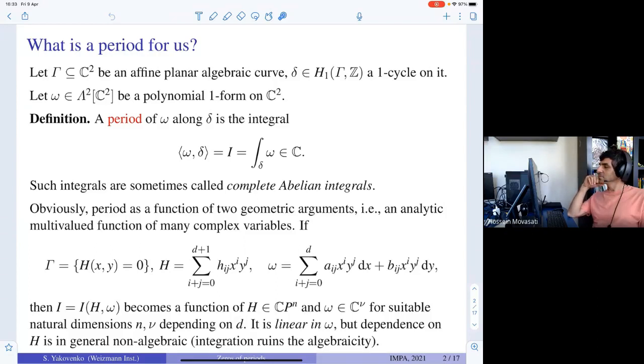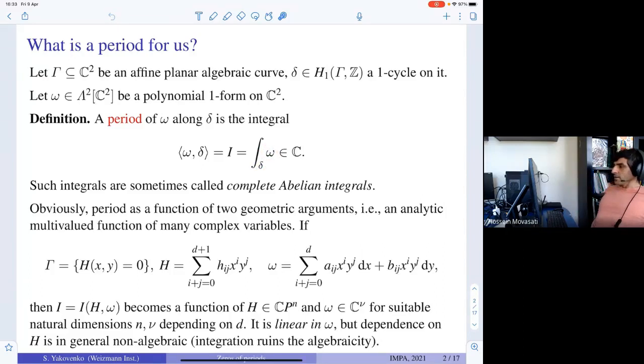Completeness means that we integrate over the cycle and not over an open arc on the Riemann surface. So this period, as follows from its definition, actually depends on two geometric arguments: the cycle itself and the form.